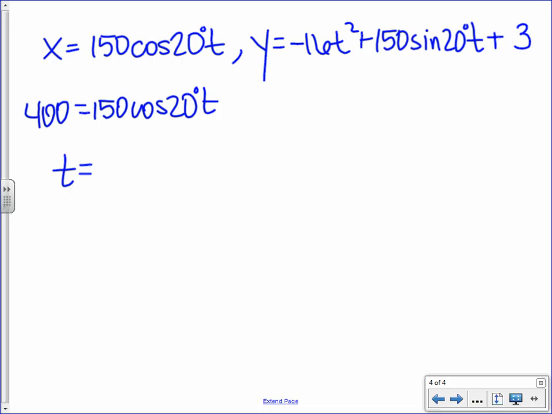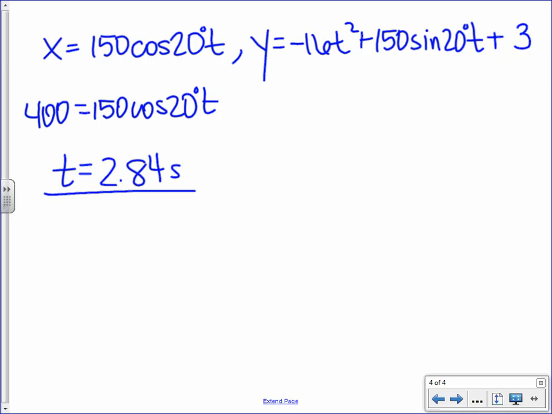Anybody have something for me? 2.84 seconds. That is how long it takes our ball to get 400 feet away from home plate. Then what did we decide we needed to do with that? Okay, let's put that into the y.